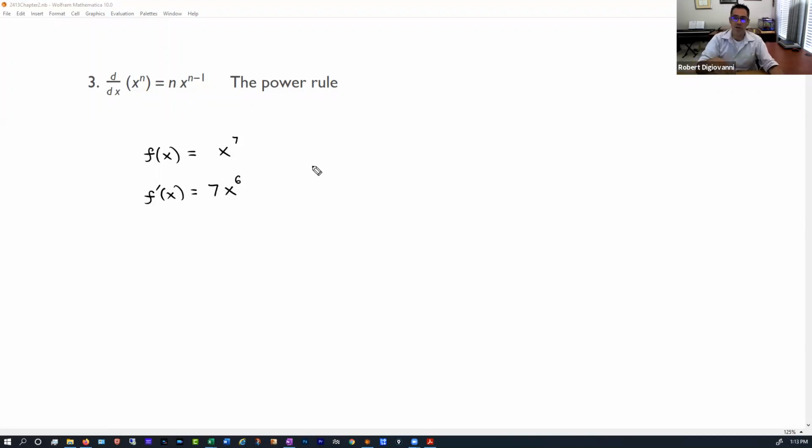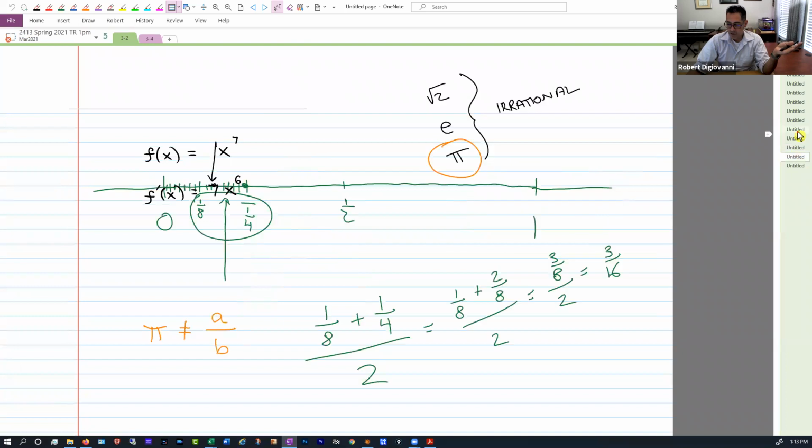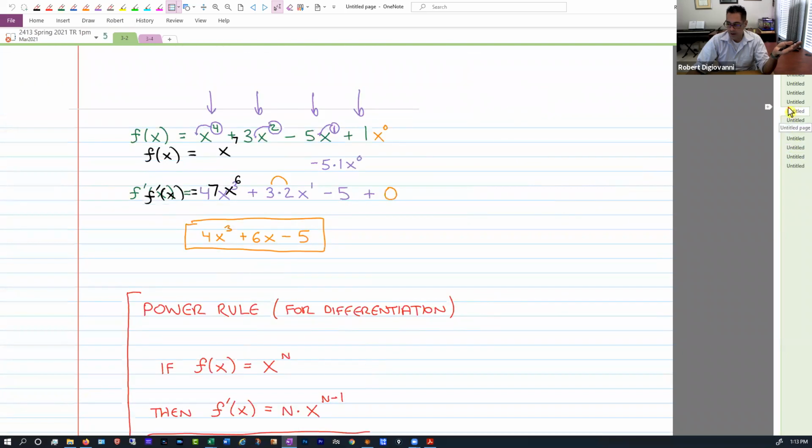Now, I cannot show you this visually, okay? The reason I can't show you this visually is because powers of x can look like different things. So there's no way I can show you a general picture to convince you that this is true. The only way I can convince you is by doing what I did last class, which is going through the actual proof of it, which took us doing the Pascal's triangle.